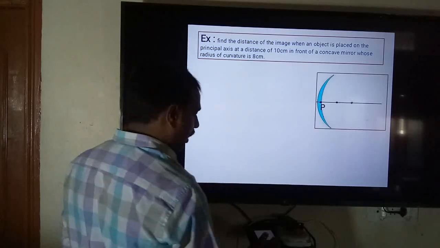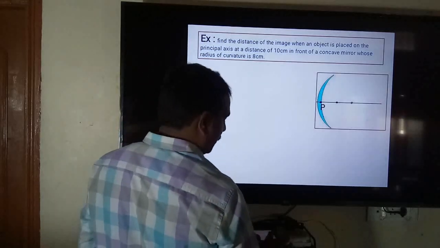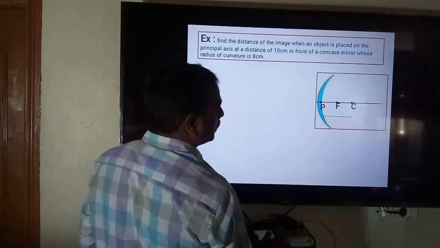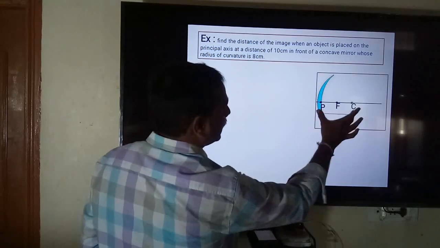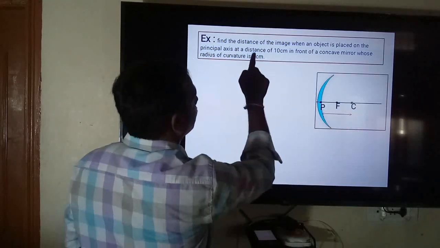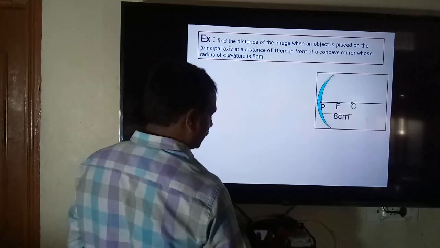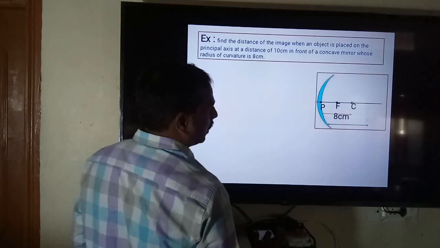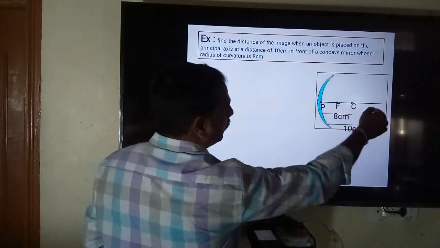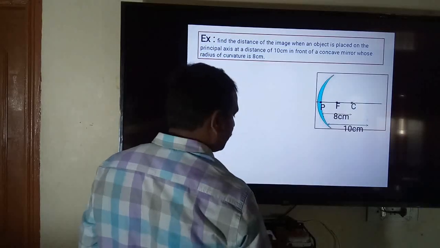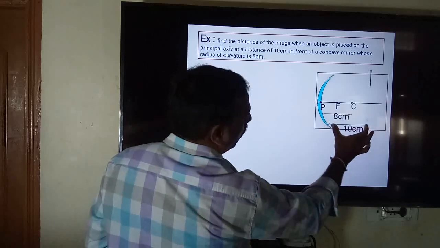Consider this one as a concave mirror with P, F, C. PC is the radius of curvature, given as 8 centimeters. If we keep the object at this point, this is the object distance.